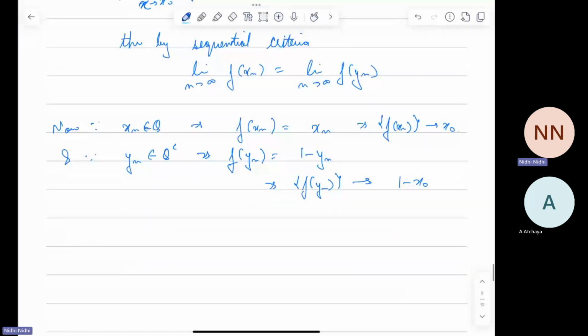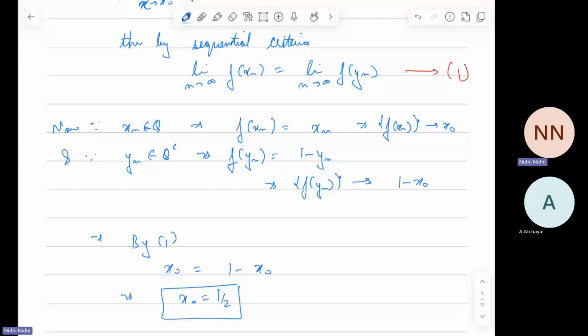Let me mark this as 1. This implies by the first, x naught is equal to 1 minus x naught, which implies x naught is equal to 1 by 2. But we started with x naught not equal to 1 by 2.